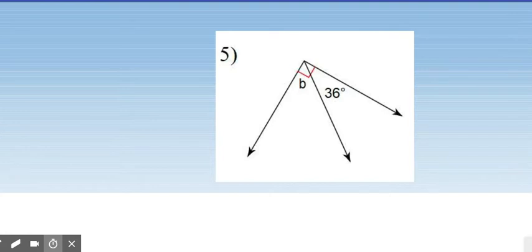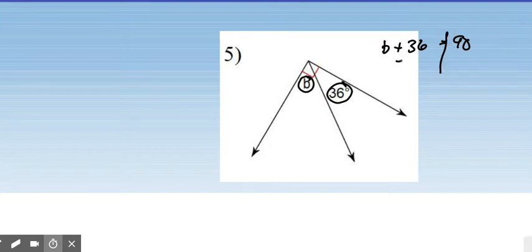I know if I add angle B and 36 degrees, that's supposed to equal 90 degrees. So I have B plus 36 equals 90. Well, I would go ahead and solve this simple equation. It's just a one-step equation, minus 36 on both sides, and B is 54 degrees.